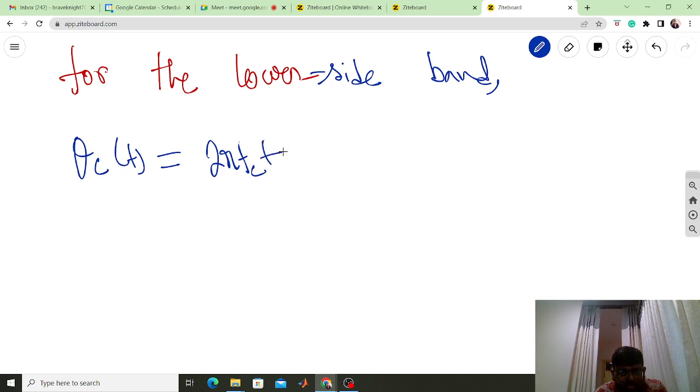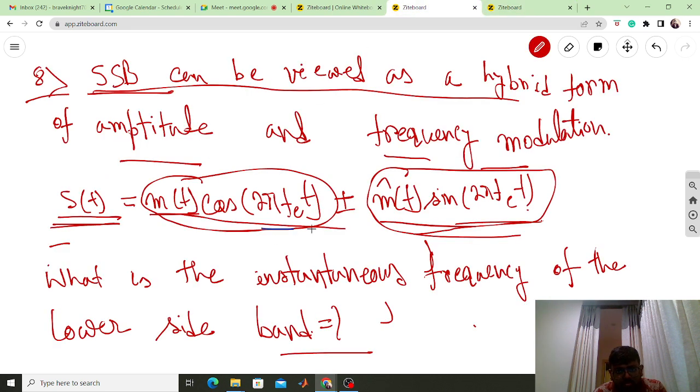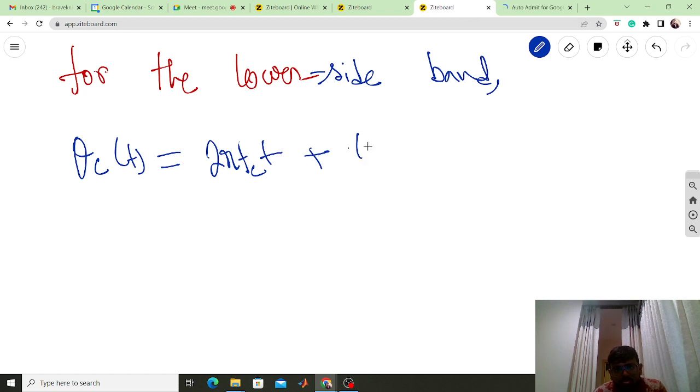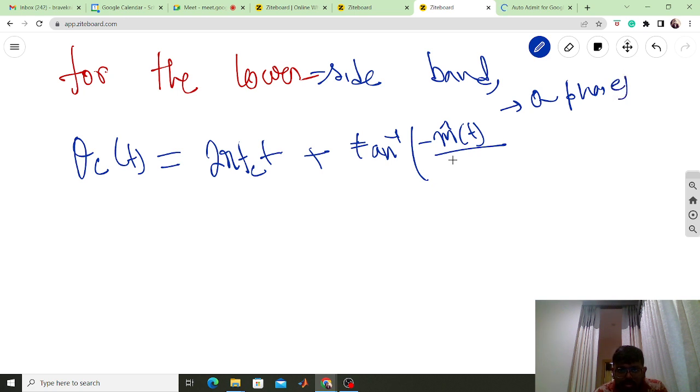that is for the carrier for this signal, 2 pi fct will come, and that is the tan inverse term comes here. So tan inverse of the amplitude, tan inverse of the imaginary part, that is the quadrature phase part, by the in phase term, this is the in phase.